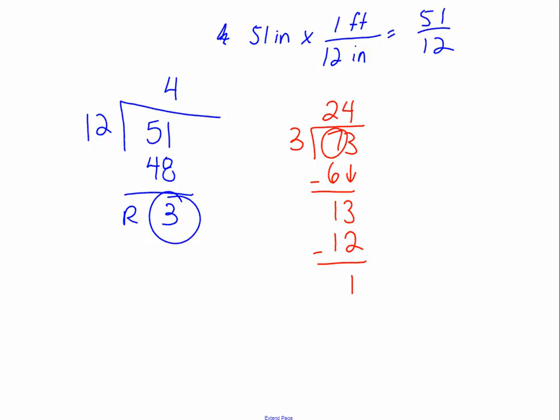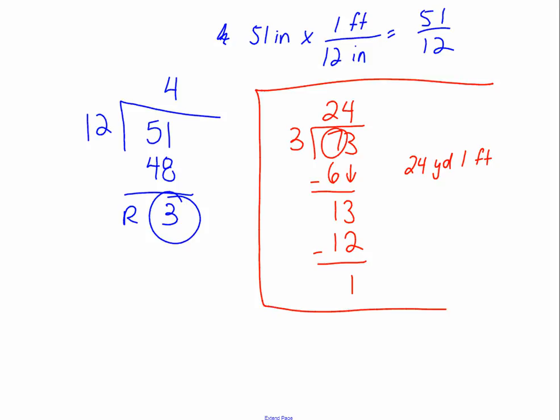So our answer is going to be 24 yards and 1 foot. Okay, so I'll show you that in a second. That's with long division. It gives you the answer right away because you can see your remainder. How many were left over? 24 full yards, 1 foot was left over.